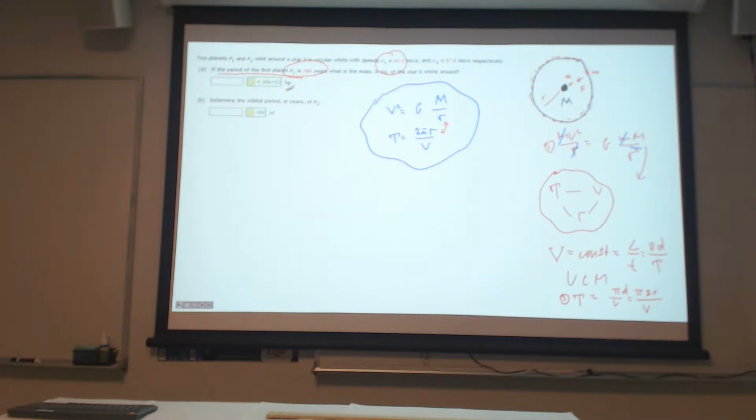Or you can just solve for r, because the period for the first planet is supposed to be equal to 2 pi r divided by speed number 1. And speed number 1 should be related to radius number 1. And you know both. You know the period, which is this number of years.